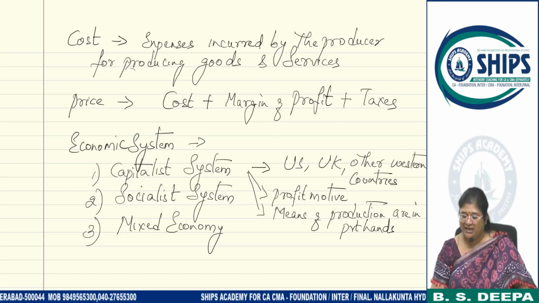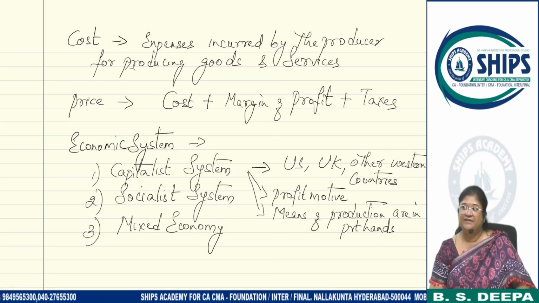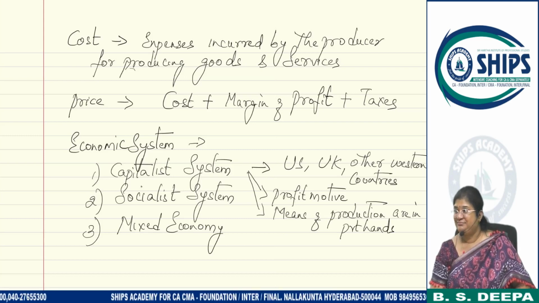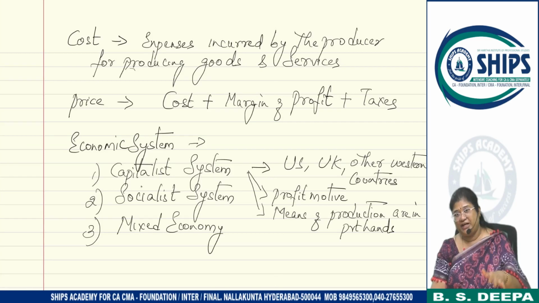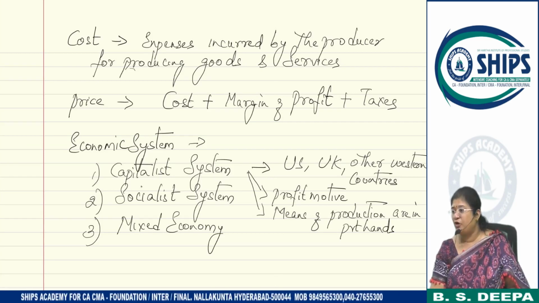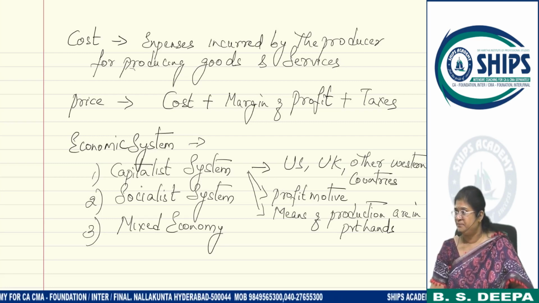That is what you mean by means of production in private hands. Government will own very little. In the US, if you talk about all the different kinds of industries, different kinds of production of goods and services, everything is in the hands of private individuals, right?